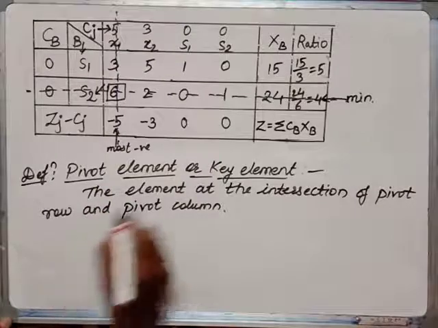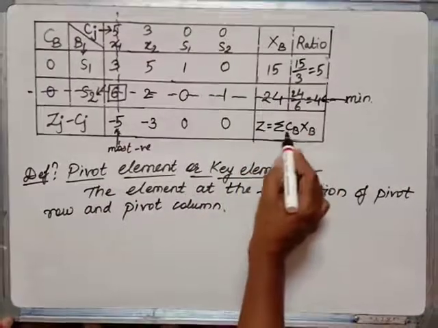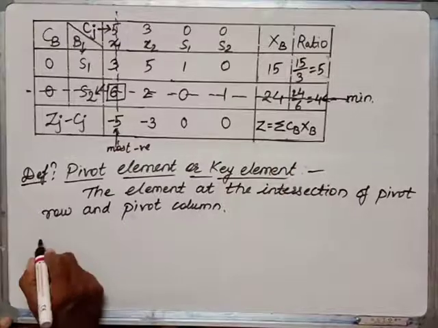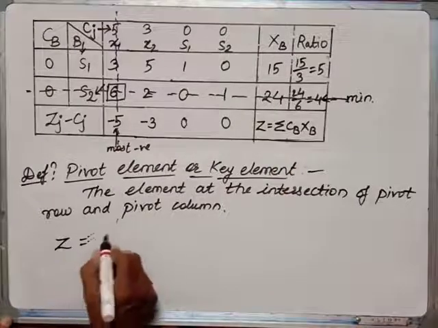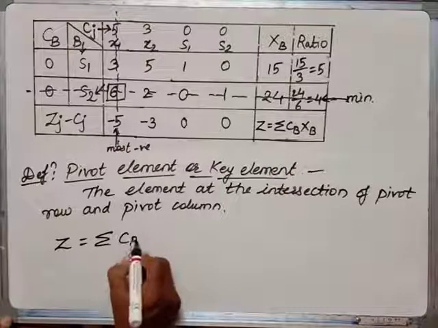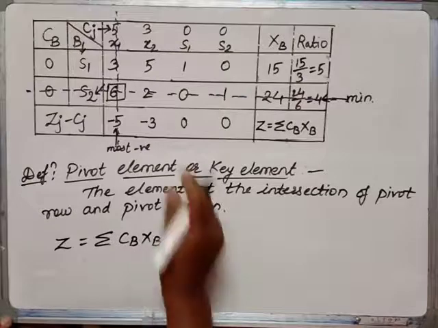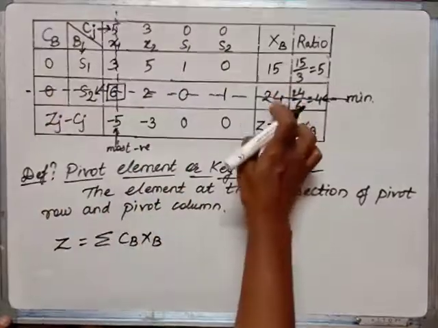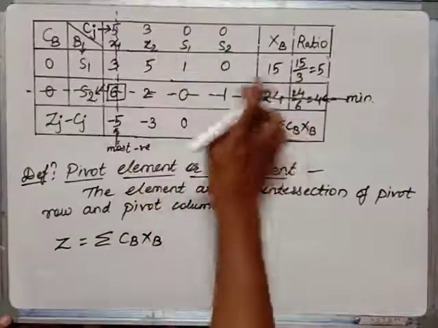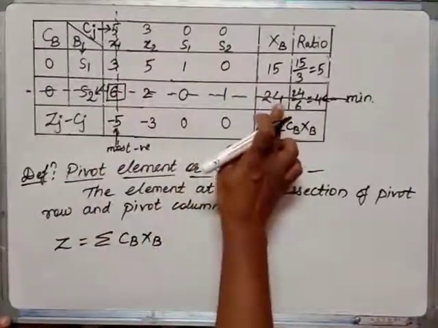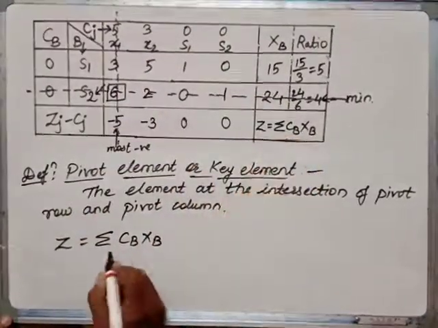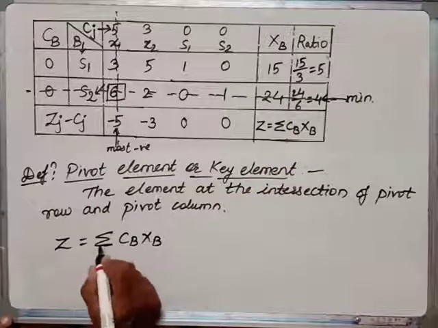Now you know what this Z is. Z is equal to summation CB into XB. Clearly CB is here, XB is here. We have to take the product of corresponding CB with corresponding XB, and take their sum. Summation is the addition.